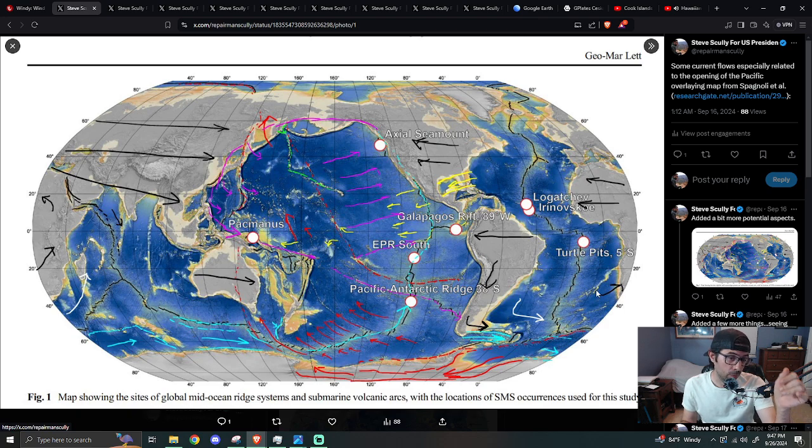The current coming from along the eastern margin of Africa and from the region of India, that then propagated through Antarctica and into Australia and interacted with this other current that was flowing through here.